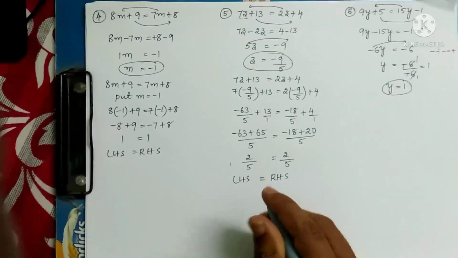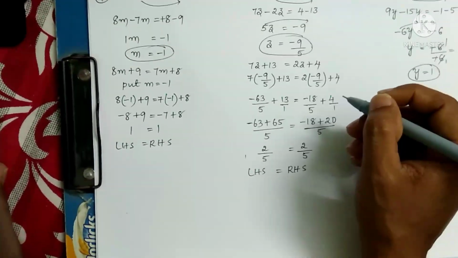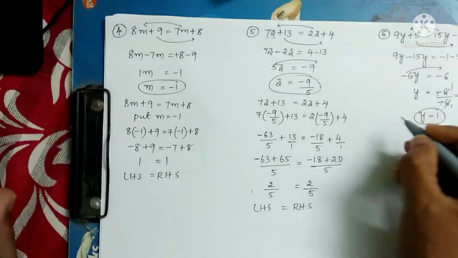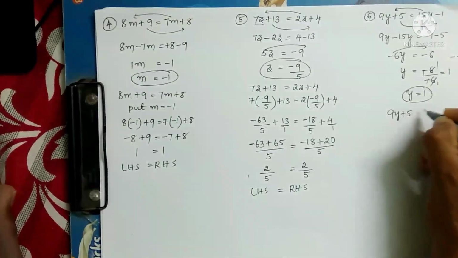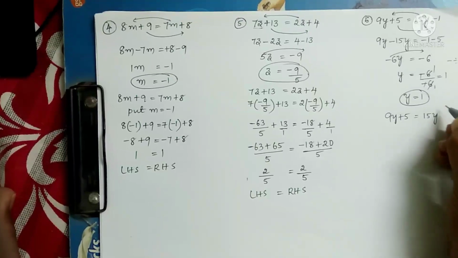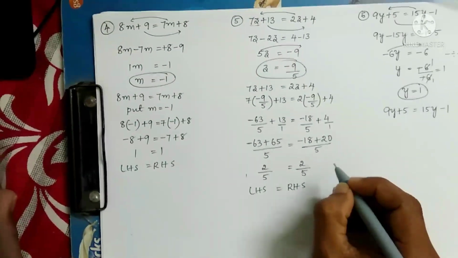Now we have to check whether y equal to 1 is a solution of the equation or not. What is the equation? 9y plus 5 is equal to 15y minus 1.